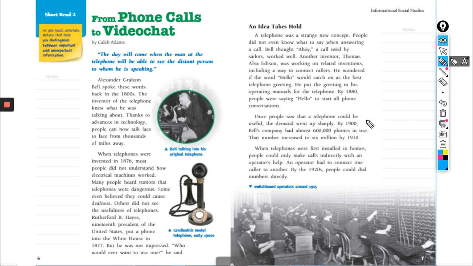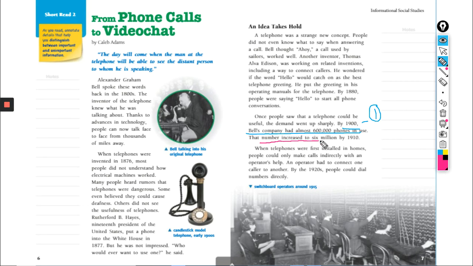If I look here, it says by 1900, Bell's company had almost 600,000 phones. So right here, this is giving us our first clue that in 1900, we had lots of phones. But look here, and I'm going to use a different color so we can see that.